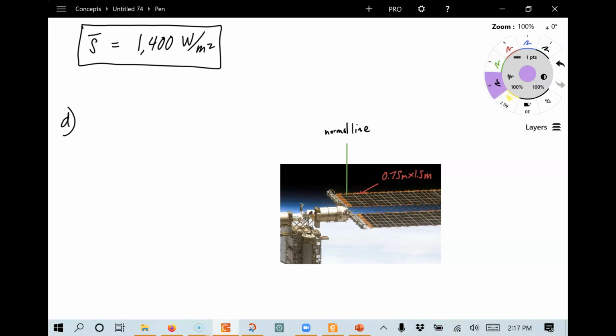It's shining down here, at an angle here of 30 degrees from the normal. And so to calculate the total power that's going to be striking that area, we can use a formula here. So again, this is the 1400 watts per meter squared.